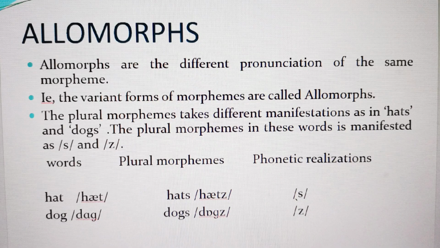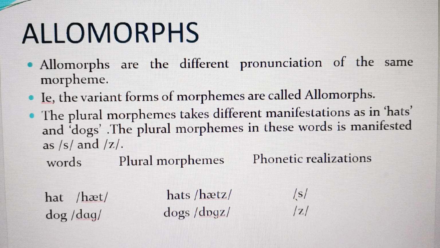Next, we shall move on to allomorph. We already learned allophones, and here we have to learn what allomorph is. Allomorphs are different pronunciations of the same morpheme. That is, different variant forms of a morpheme are called allomorphs.